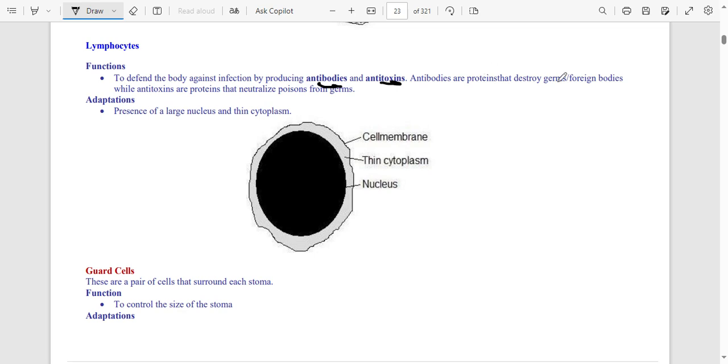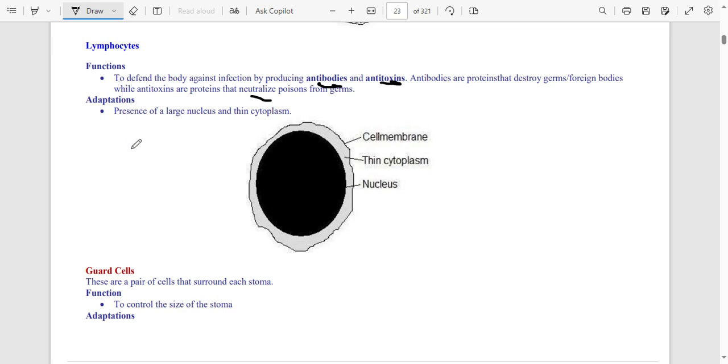Antibodies are going to be able to destroy foreign bodies, things which do not belong to our bodies. Antitoxins are going to be able to neutralize poisons or toxic substances. So that is the difference between these. Antibodies destroy foreign bodies or germs, and antitoxins neutralize poisons.